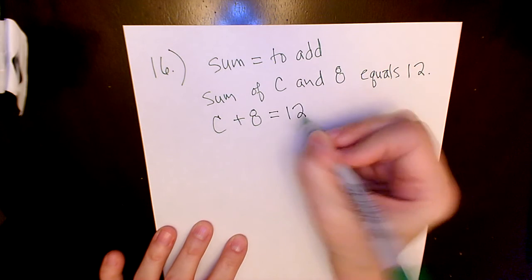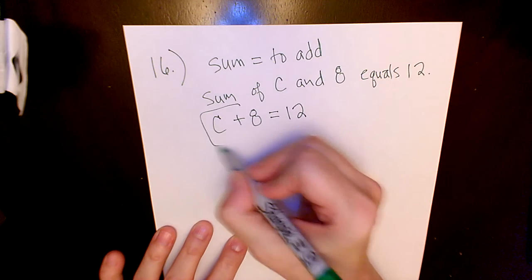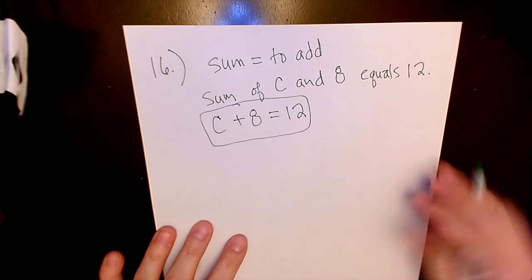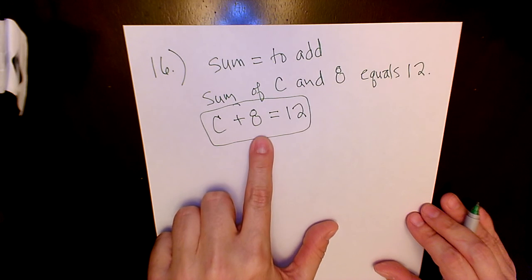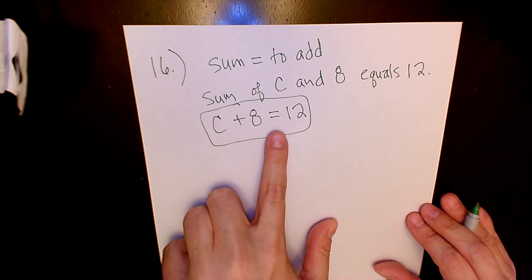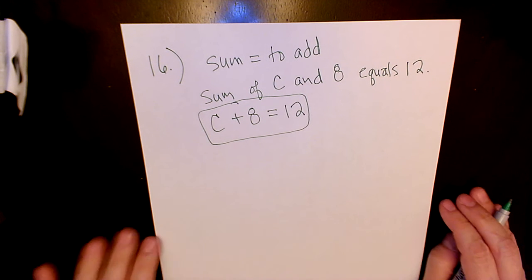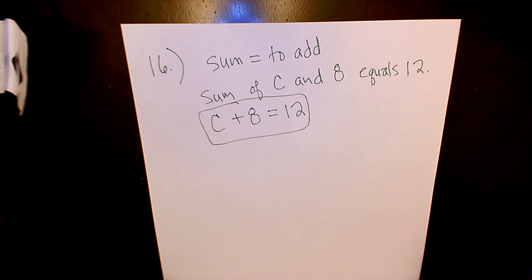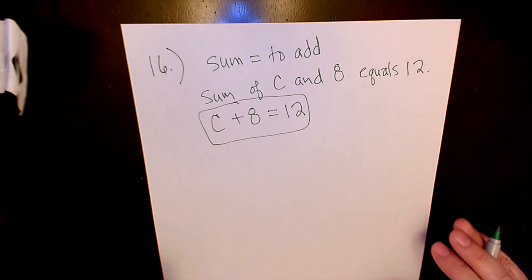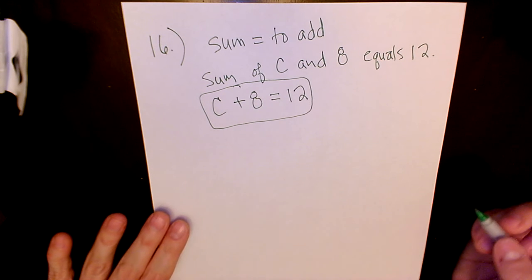That's just equals 12. And that's the answer. The sum of C plus 8, sum means to add, equals 12. Make sure you know product, quotient, minus. Make sure you know all the 4 types.